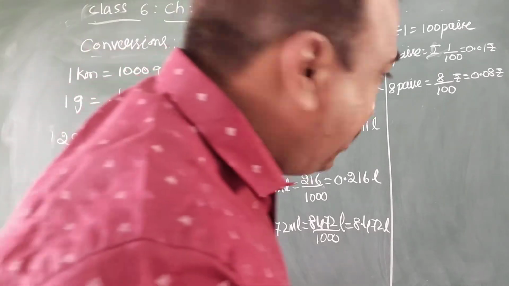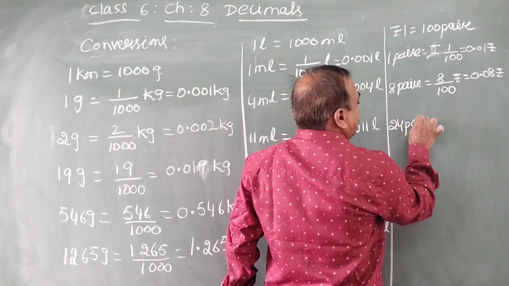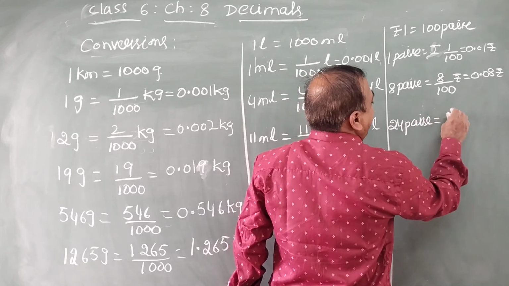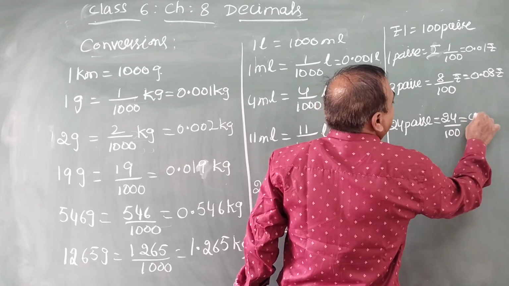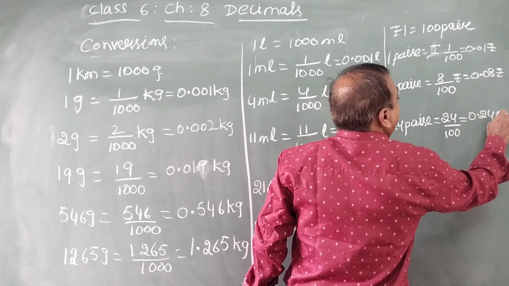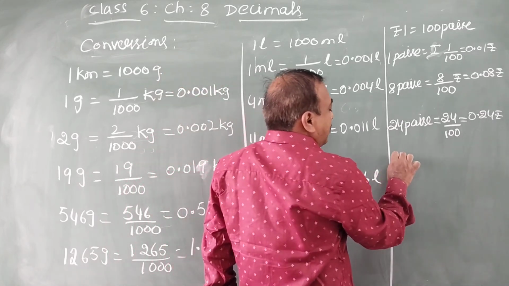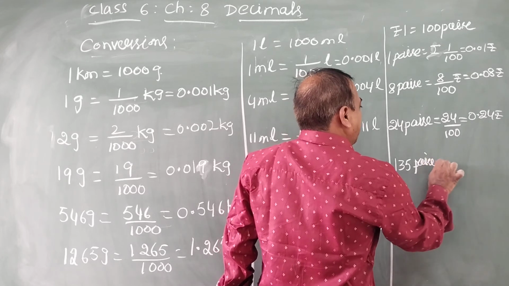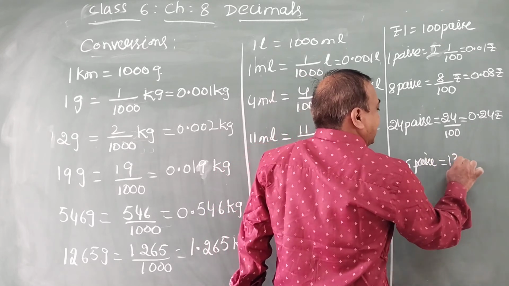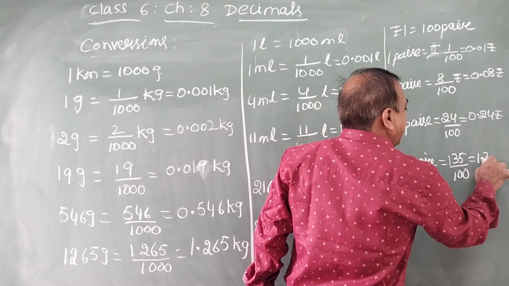Here you can see, if you write 24 pies, then 24 by 100, which is equal to 0.24 rupees. Suppose you write 135 pies, that means 135 by 100, which is 1.35 rupees.